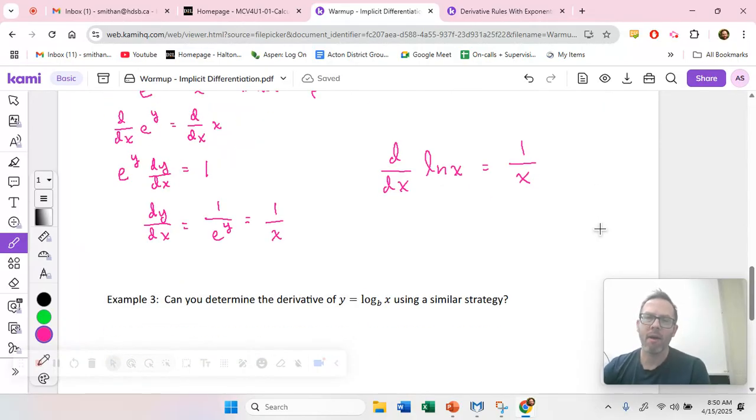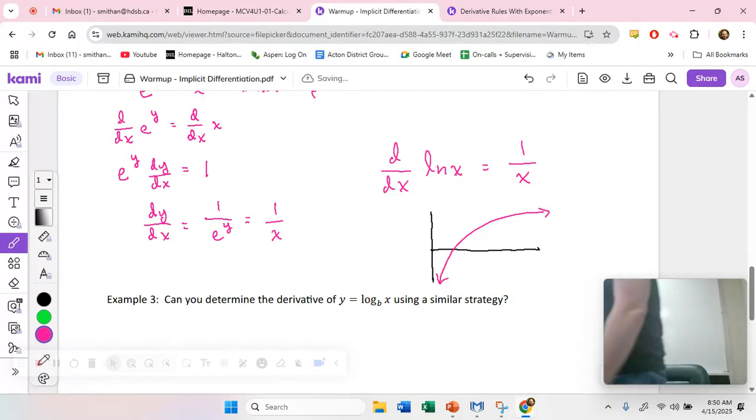And you can copy this down or not. It's just going to be a rough sketch. If you think about what the ln function looks like, it looks something like this. And the derivative makes a lot of sense. When x gets really, really big, the ln function never quite levels off to the horizontal, but the slope of the tangent line gets more and more horizontal, gets close to 0.